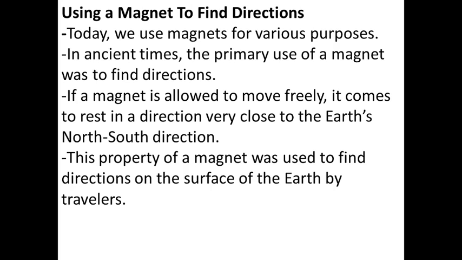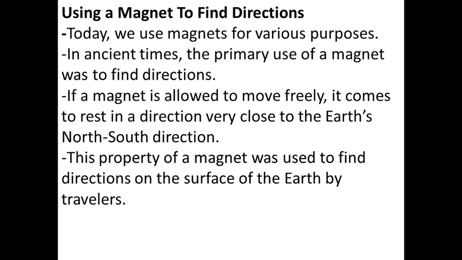See, the magnet is used to find direction, as we learned about the magnetic compass. Today we use magnets for various purposes, and those uses we will see in the third session. In ancient times, the primary use of a magnet was to find direction.